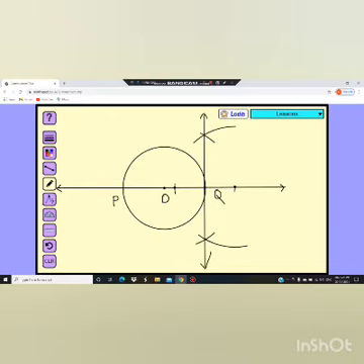Now this is the perpendicular bisector, so here you have to show the 90-degree.